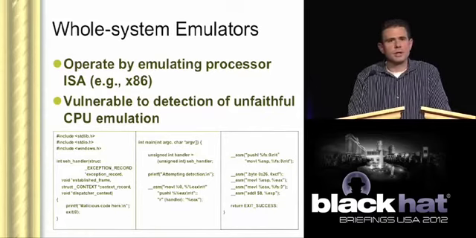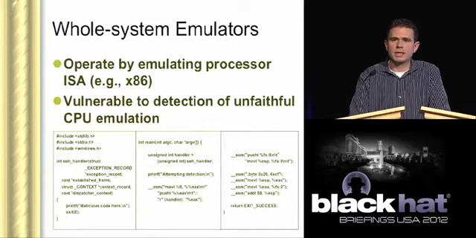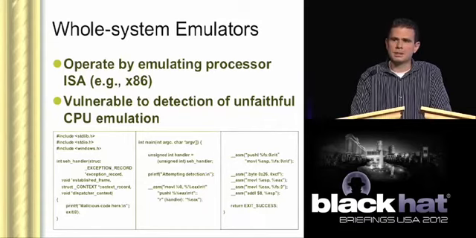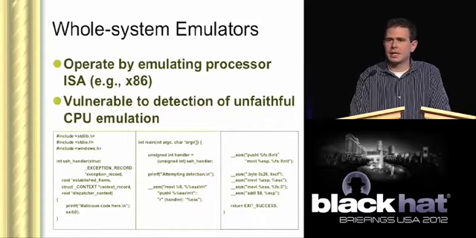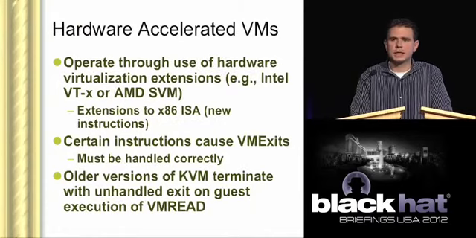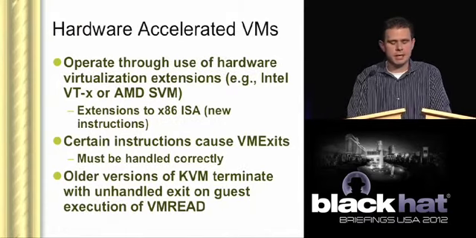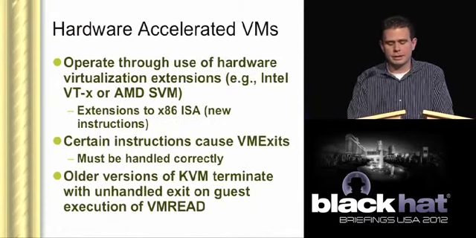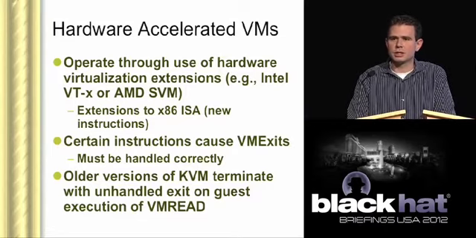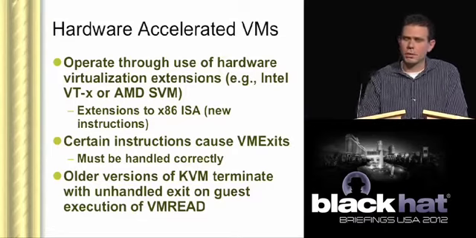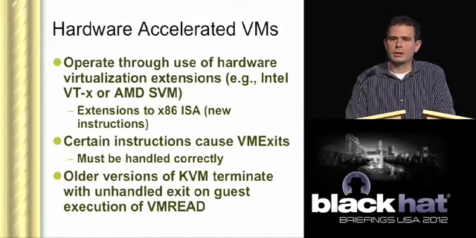So about 4 years ago, people began investigating the use of hardware virtualization extensions to perform malware analysis. And these operate through, again, extensions to the x86 ISA. Intel's example is VT-x. AMD's example is SVM. And these are represented as new instructions like VM-on, VM-start, and so forth. What these effectively created was an additional ring of privilege, like a ring -1.